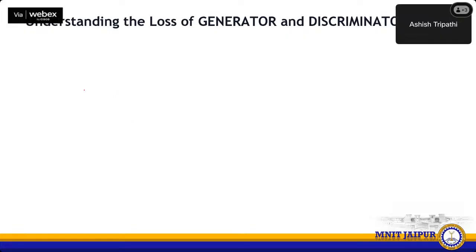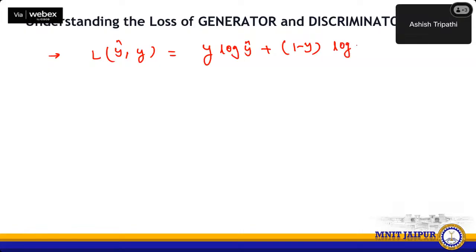So I think you are already aware about the binary cross entropy loss. So if I talk about binary cross entropy loss, the equation for the loss is L of y hat comma y is equal to y log y hat plus 1 minus y log of 1 minus y hat.